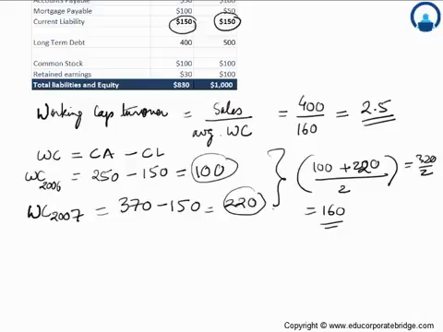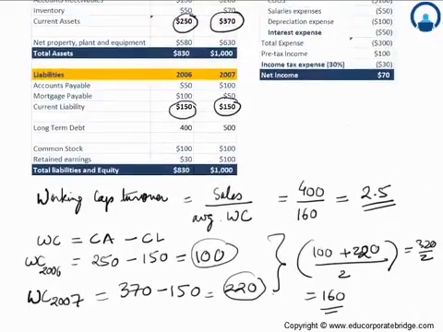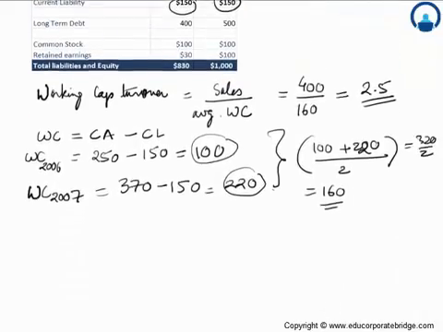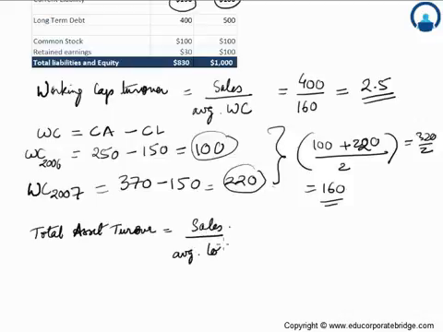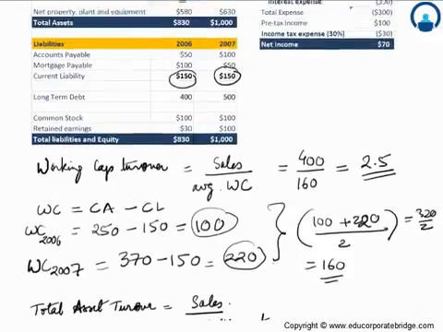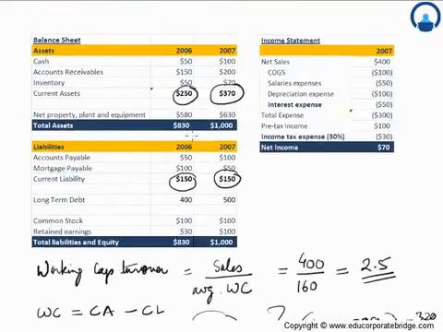Now let us move forward and calculate the other asset based turnovers. So the first one that we'll look at is the total asset turnover. We have earlier looked at total asset turnover. This is defined as your sales divided by your average total assets. What is your total assets? Your total assets is 830 and 1000.